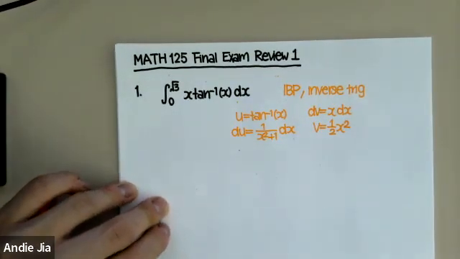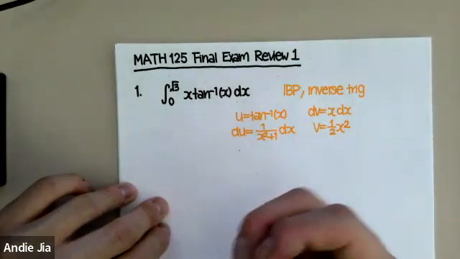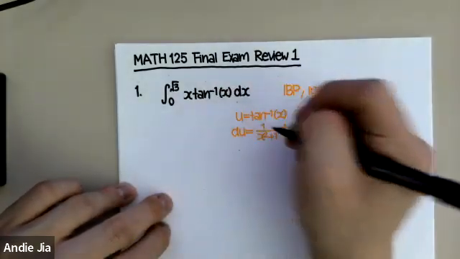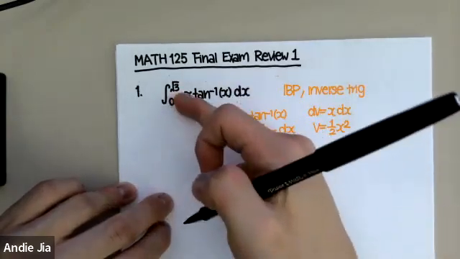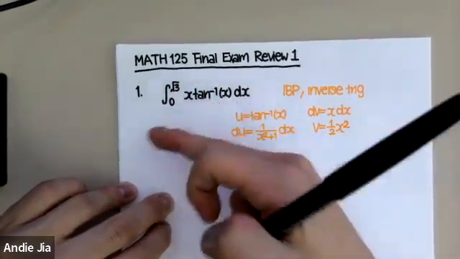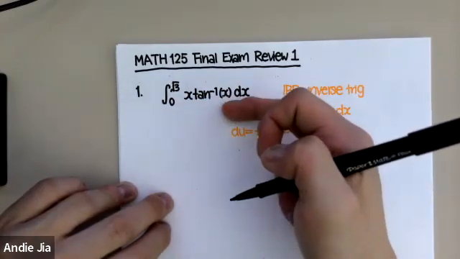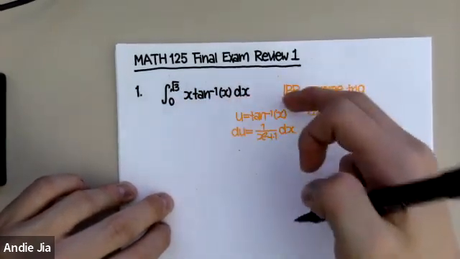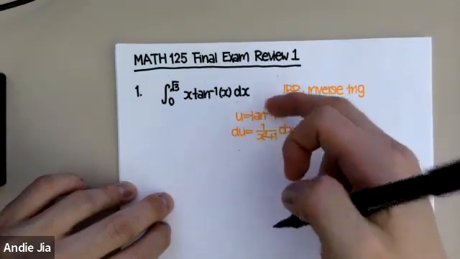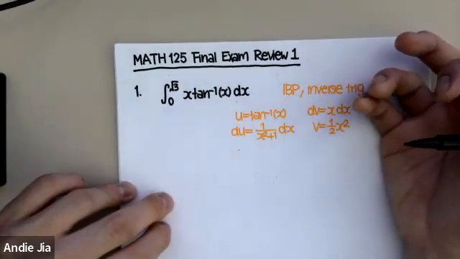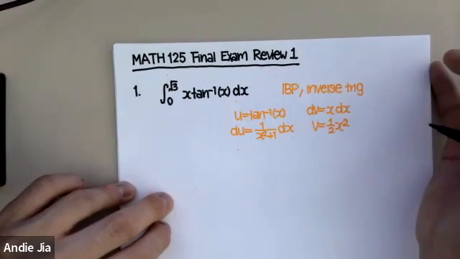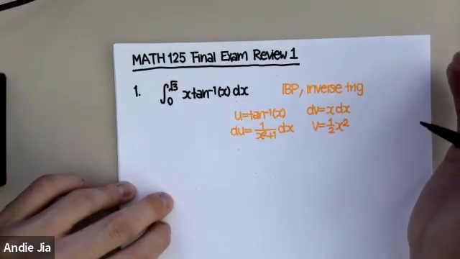Sometimes you might need to use IBP more than once, which is another case we will discuss in a later review. Since this is a definite integral, you will get a numerical answer. If you need to use substitution or partial fractions later in the integration process, make sure to change the bounds.